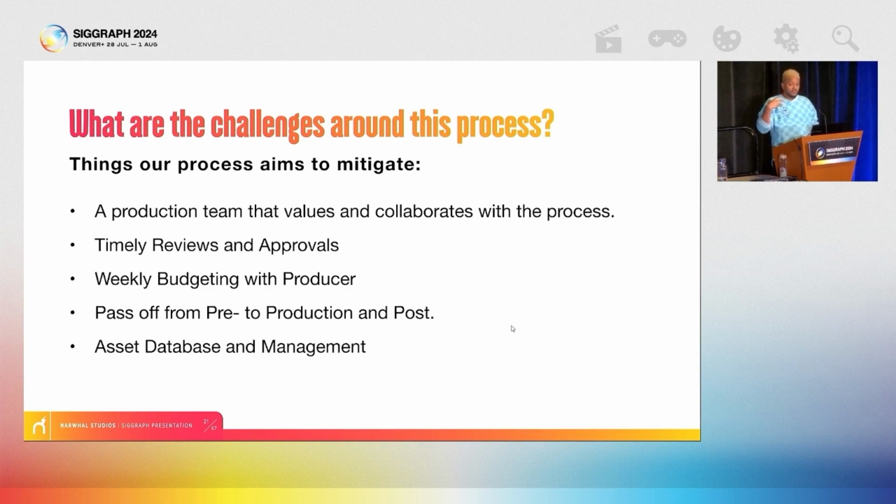Because it is easy to just keep iterating and iterating because it's real time, it's so fun. But having a strong approval and review process is important, especially in film and TV, because they don't work with game engines. So they need that rigidity.